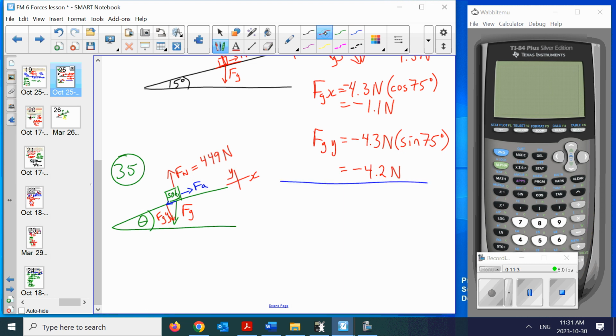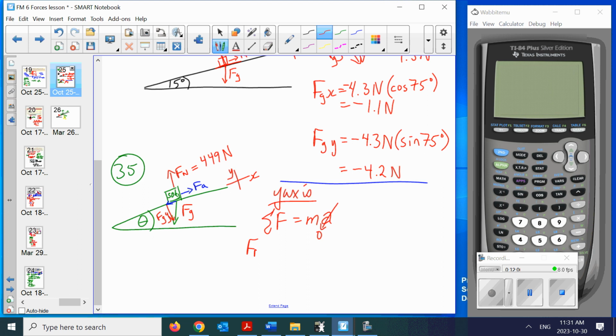So in the y-axis, sum of the forces, mass times acceleration. Not falling through the seat, so we're going to say acceleration is 0. I'm going to use the way I often do. The sign of the y component of the weight force is negative, so I'm going to build that into this.